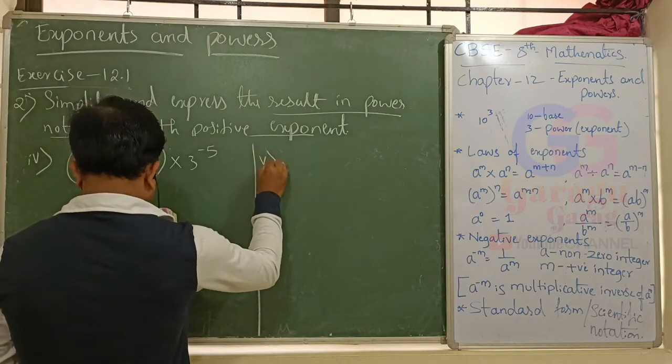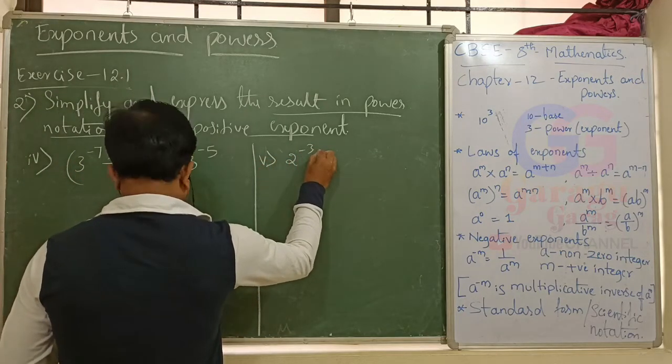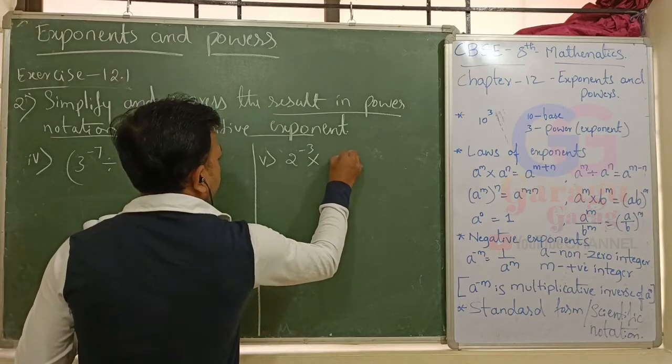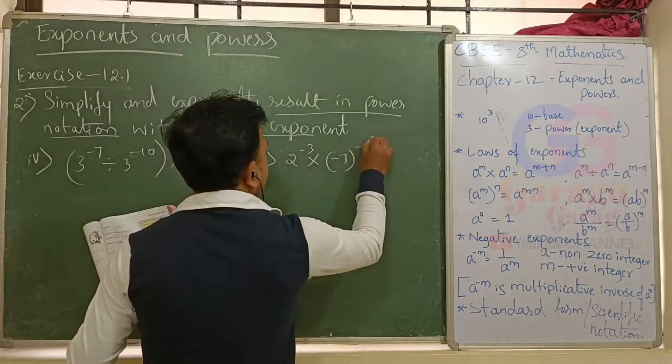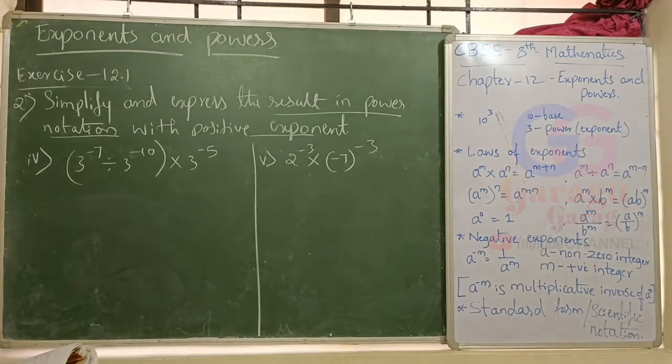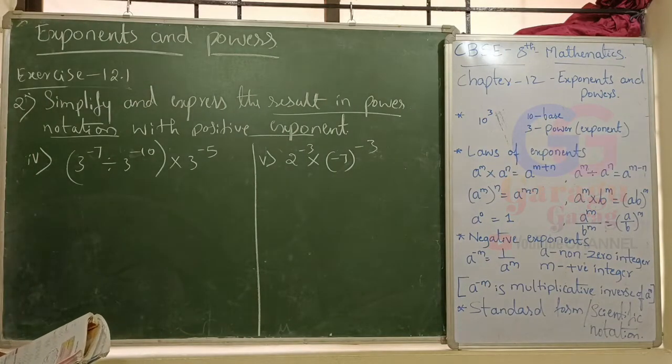Fifth one: 2 raised to minus 3 into minus 7 whole raised to minus 3. See here.